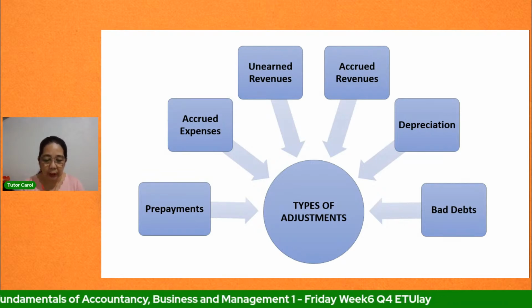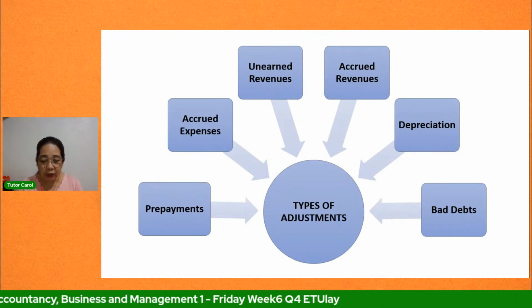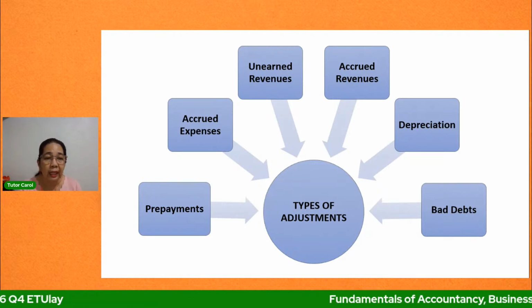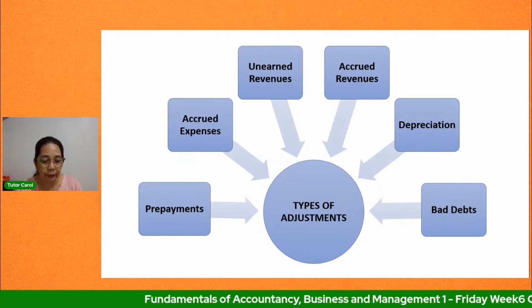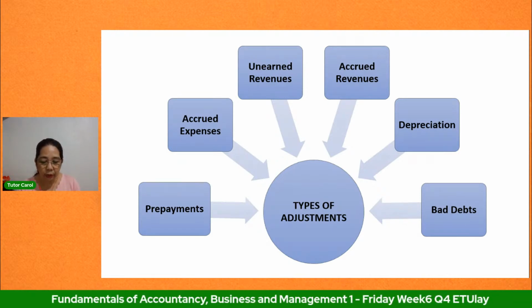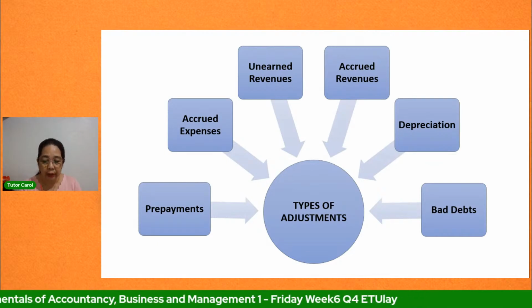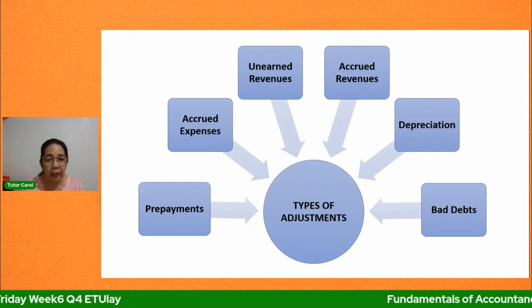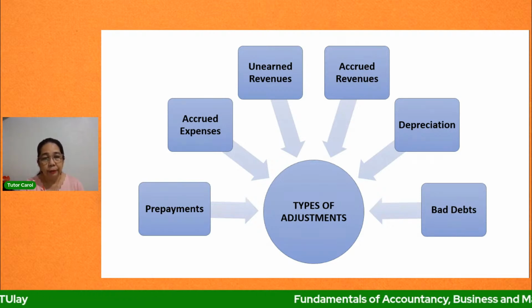Ano bang ibig sabihin ng prepayments? These are advance payments for an expense. There are 2 methods, asset method and expense method. Accrued expenses are expenses already incurred or used, but not yet paid by the company. Hindi pa nababayaran, so liability siya.